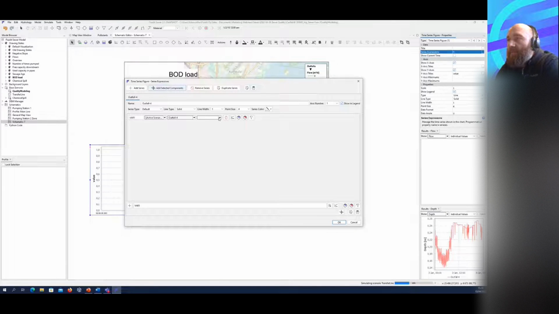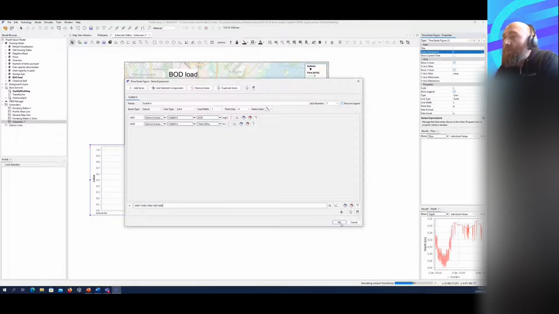I will select POD here, so it's concentration, and I will add another variable as a flow. So the total amount would be these two multiplied together, and you can create any type of conversions or any other calculations here with as many parameters or anything that you want.